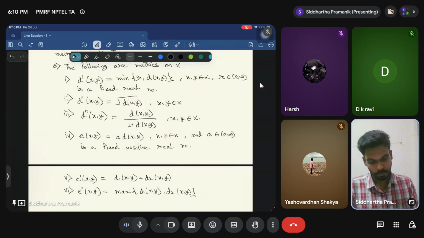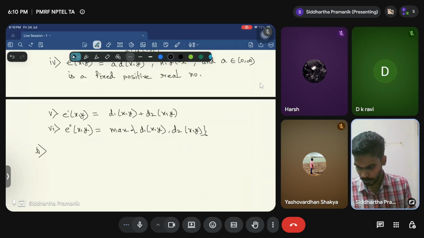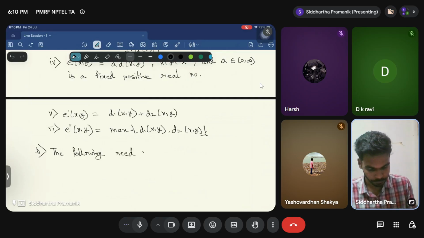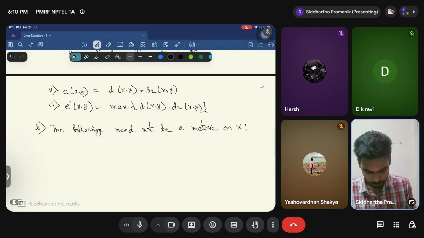And now some functions which are not metrics. The following need not be a metric on X. What are they?